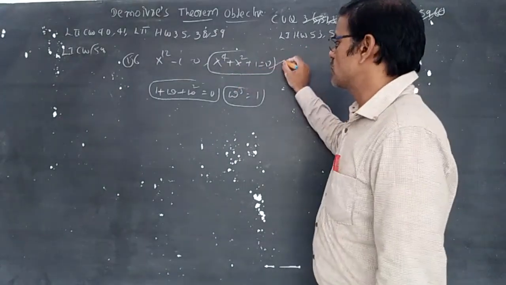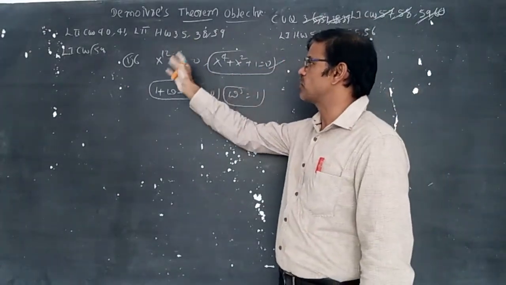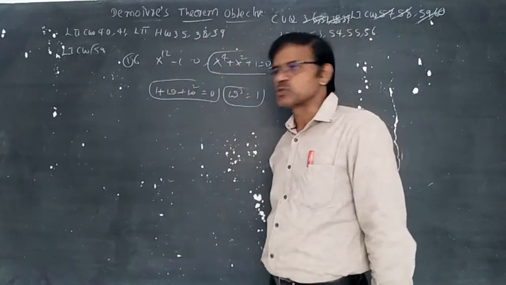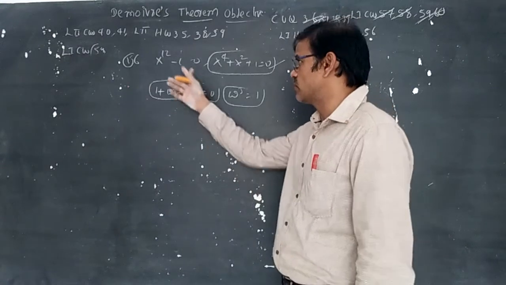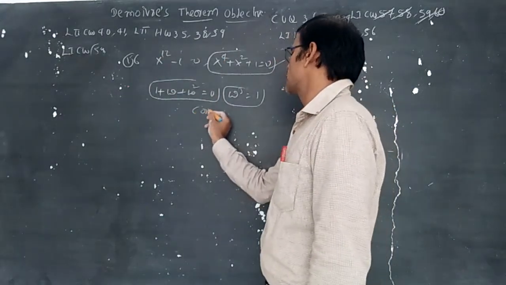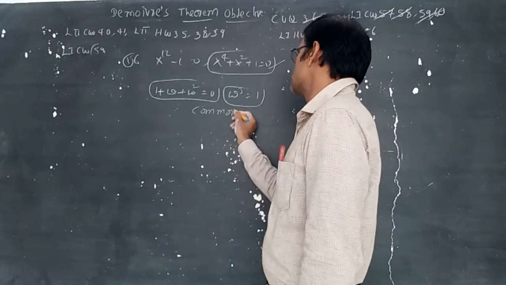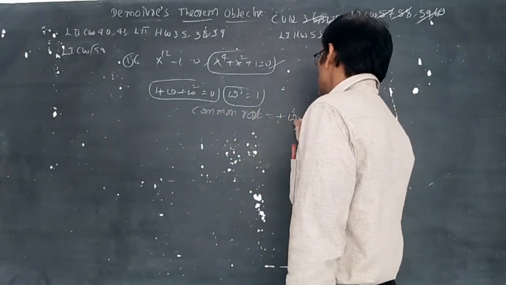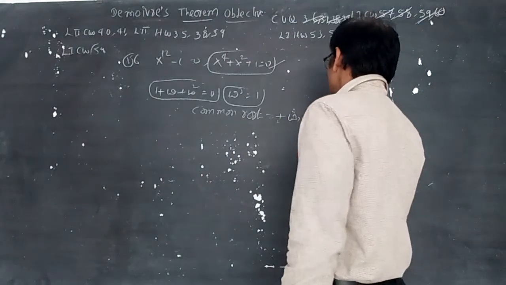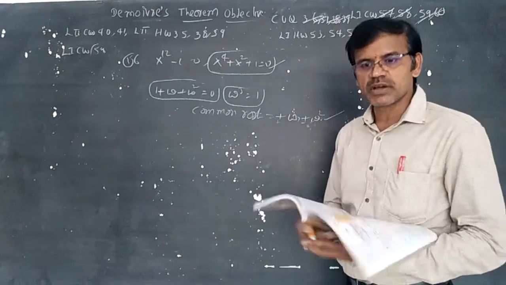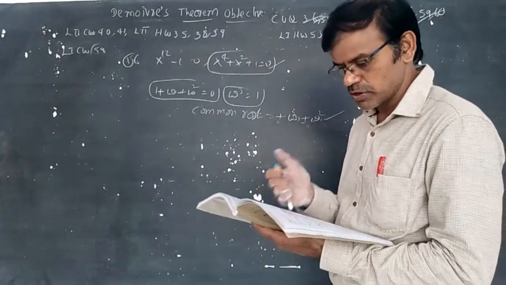So it is 0, and omega power 3 whole multiple, anything becomes 1, since omega power 3 is equal to 1. 1 power anything is 1. So the common roots you can write as plus or minus 1, plus or minus omega, plus or minus omega square.